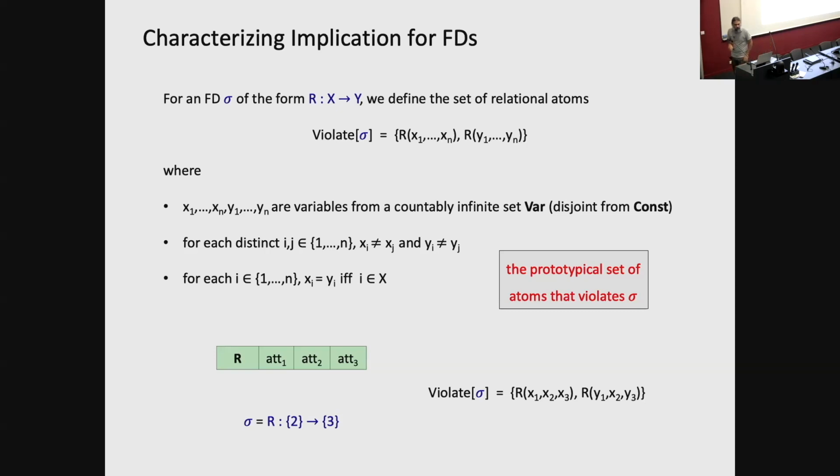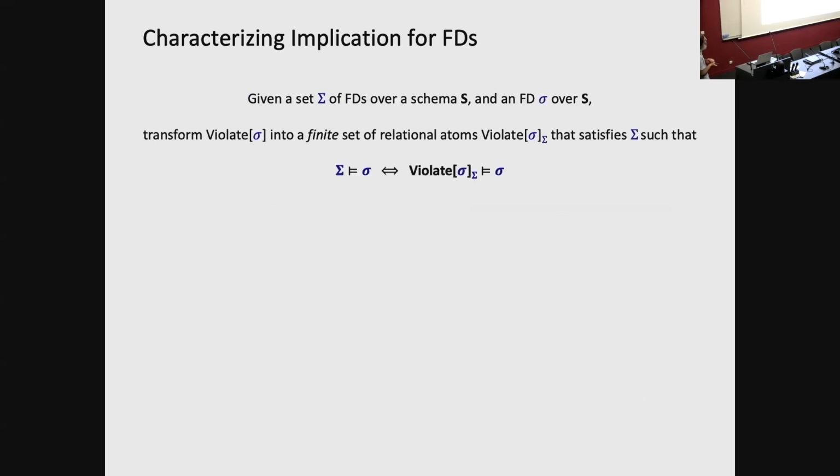Right? Okay. Now, once we have this in place, our strategy will be the following. We want to find a way to transform this prototypical set that violates our functional dependency into some finite set of relational atoms, which I denote with this sub sigma there, that satisfies sigma, such that this equivalence holds.